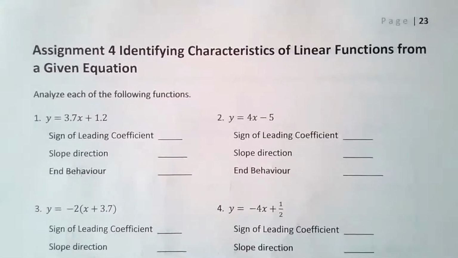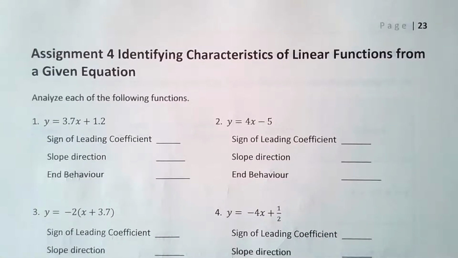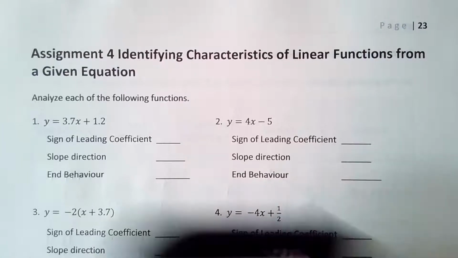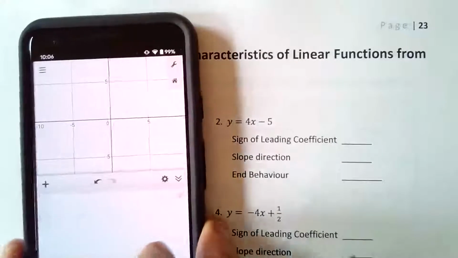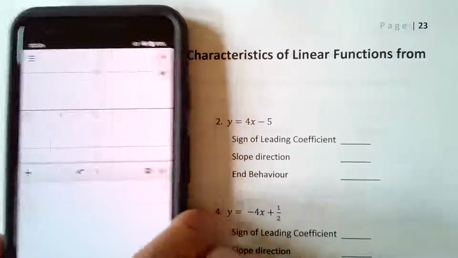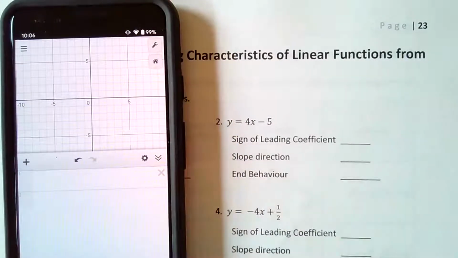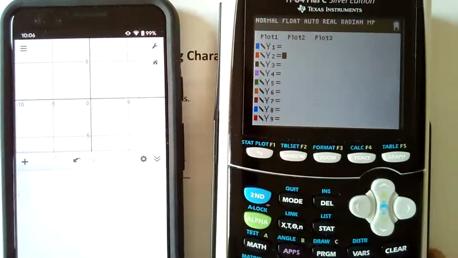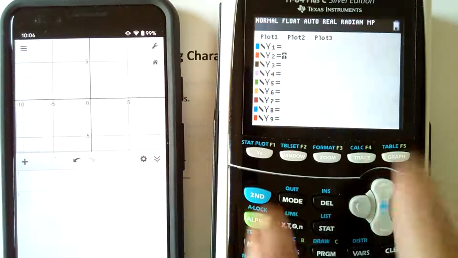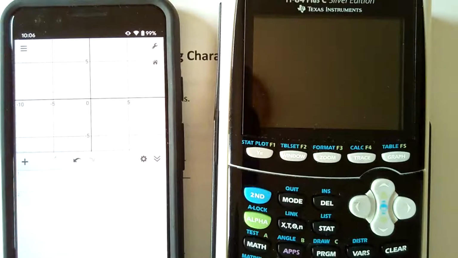There are 8 questions here. For these questions, you'll need your graphing technology. You'll need Desmos or TI-83 calculators. I'll just make that home screen blank here.